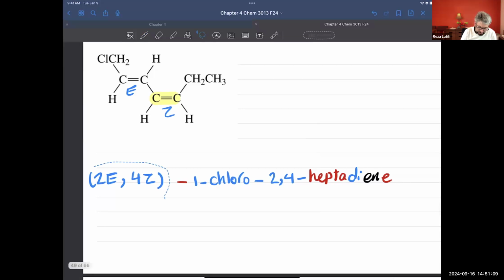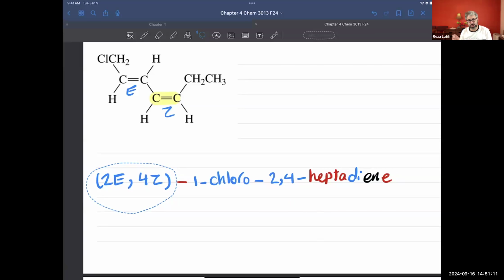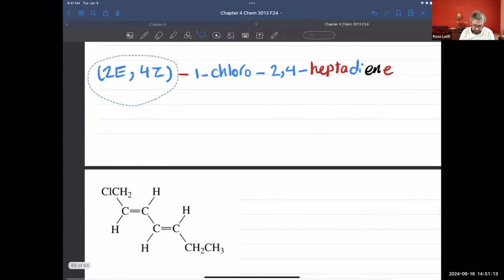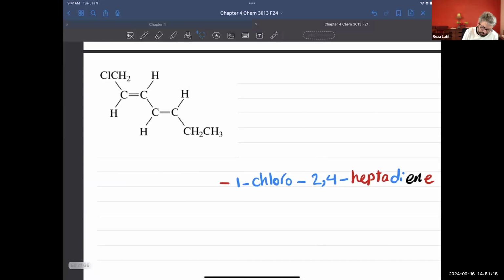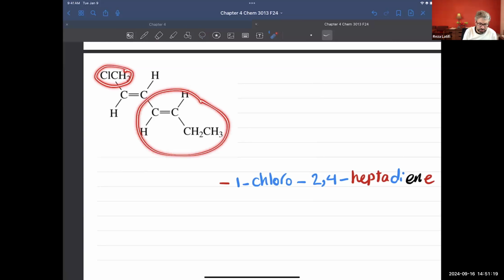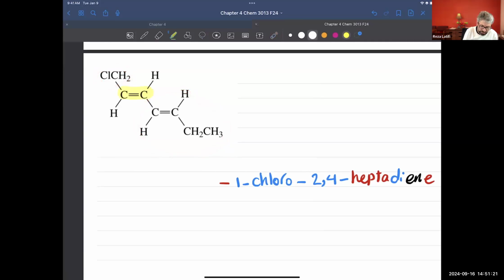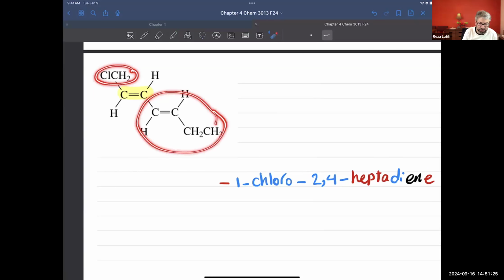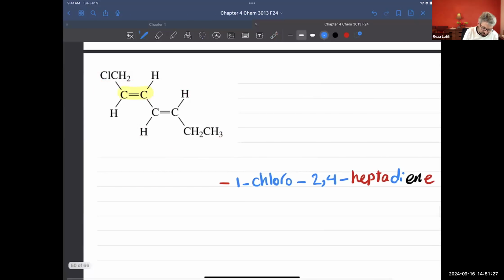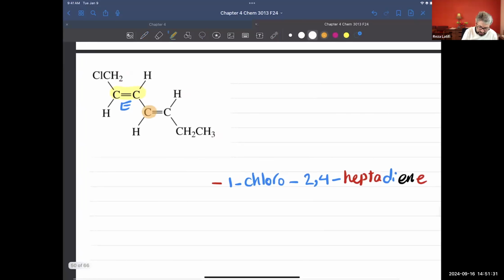As I said, if you have cis-trans or E and Z, you have to mention it. Another one: the first substituent is here, the second substituent is attached to this double bond. Look at that double bond. The first substituent is here, the second substituent is there. They're across from each other. This is going to be E. Next, the second double bond.